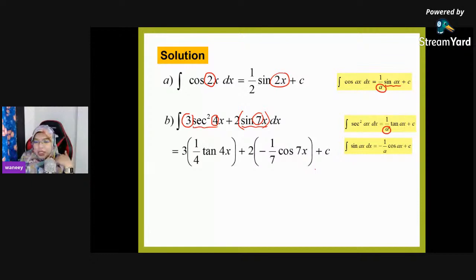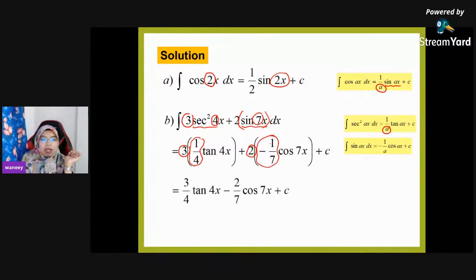Now we're going to simplify it a bit because we can see some constants here, so we can easily multiply them. Constants here, we can multiply them as well. So it will become 3 over 4 tangent of 4x minus 2 over 7 cos of 7x plus c.